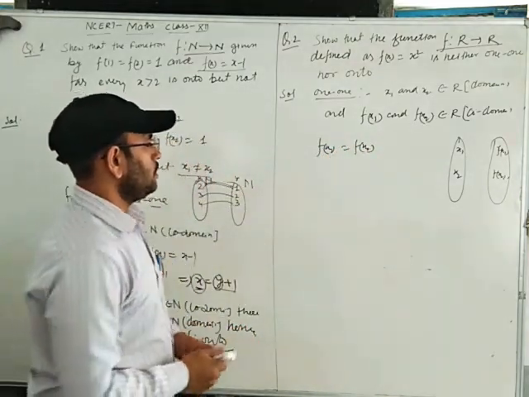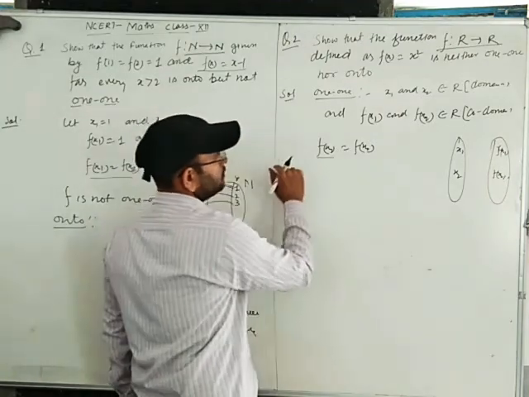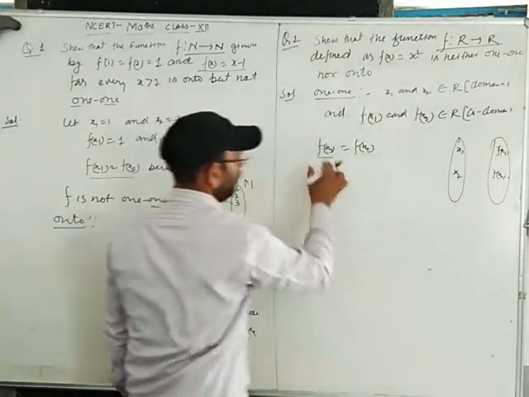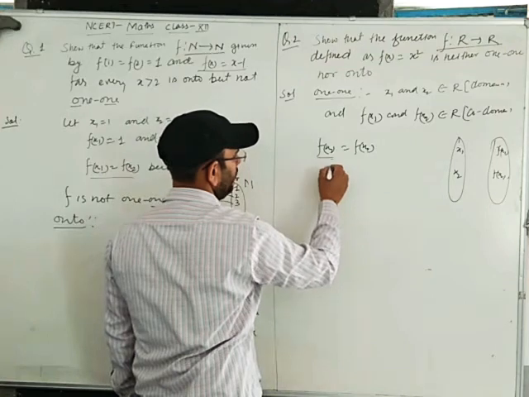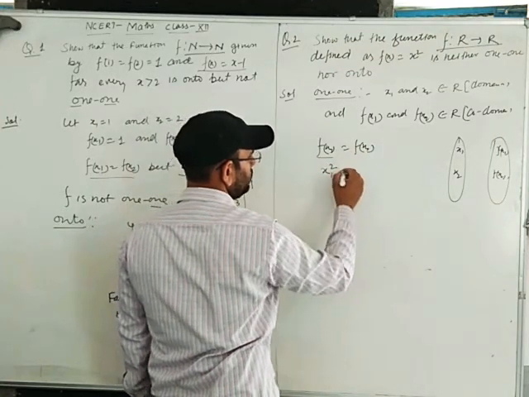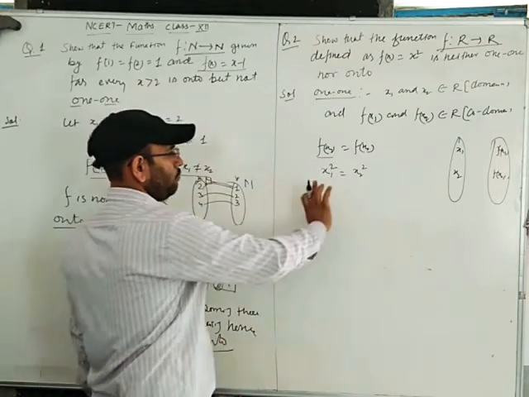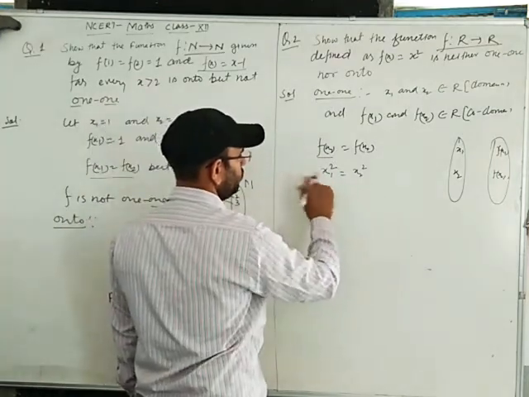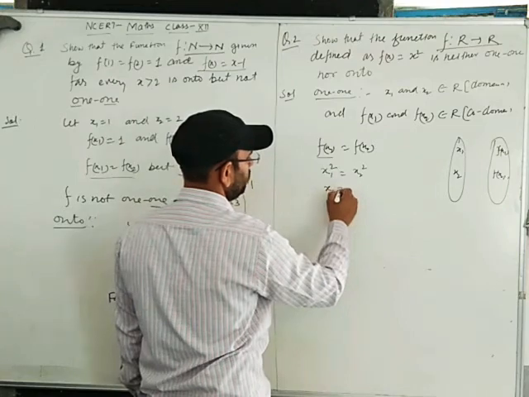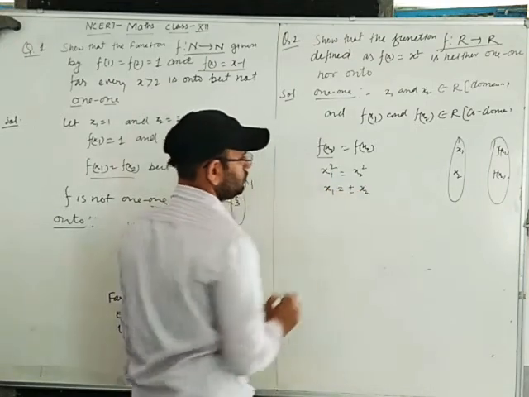Clear? Now we have the given function, f(x) is equal to x square, so we can let x1 square is equal to x2 square. Clear? When we remove the square, we are taking the square root, so we get x1 is equal to plus or minus x2.